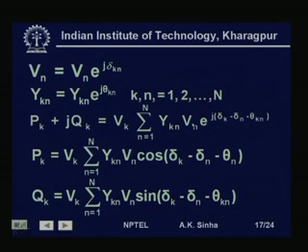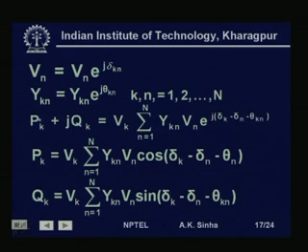So, conjugate means the magnitude remains the same, the angle becomes negative. So, minus delta n, and Ykn we are writing with an angle minus theta kn, because this whole term is a conjugate. So, these angles delta n and theta kn are negative.